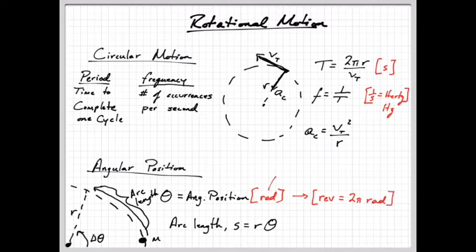A revolution is simply 2 pi radians. So the question then, which one do you prefer? As I mentioned a little earlier, radians are the standard unit. Therefore, all of your calculations should be done in radians. There's going to be a lot of conversion to go from revolutions to radians and then sometimes back to revolutions. What's important is that you cannot do any calculations unless your numbers are in radians.